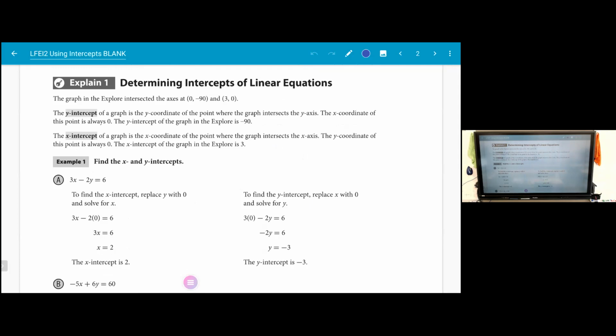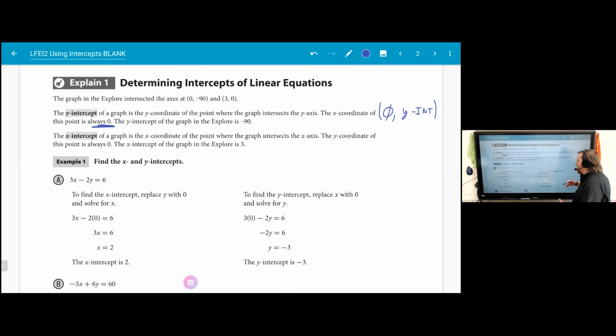The y-intercept of a graph is the y-coordinate of the point where the graph intersects the y-axis. The x-coordinate is always 0. It's going to be (0, y-intercept) every time.